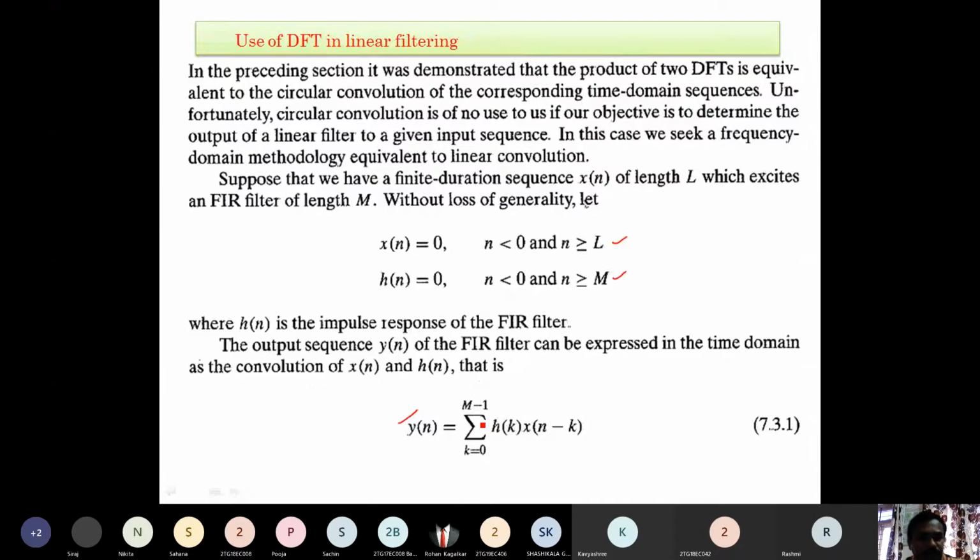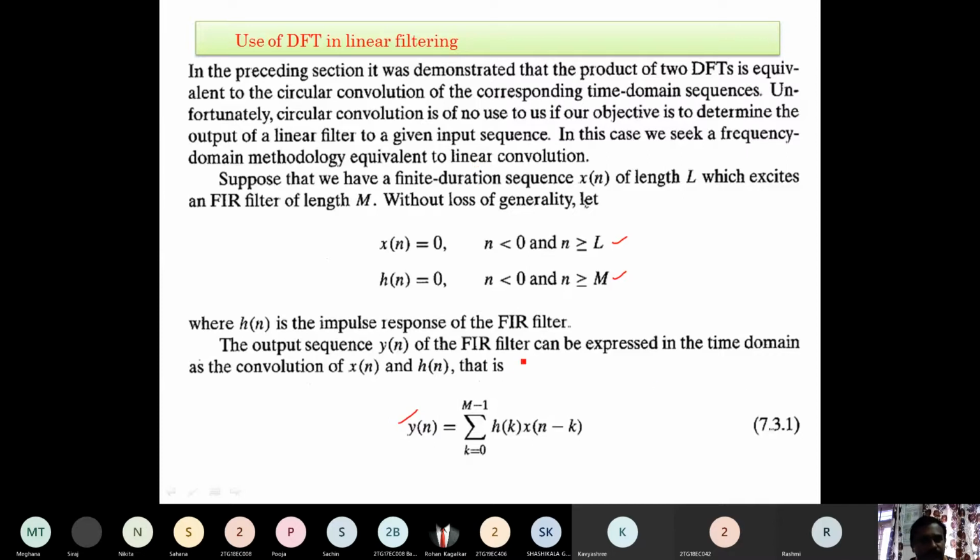If I mix these two signals, x and h, what will be the length of the resulting output y of n?